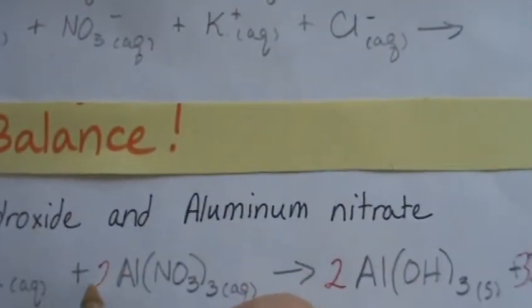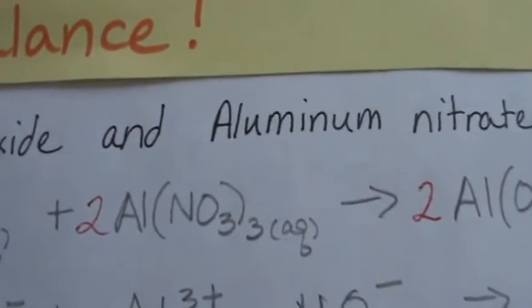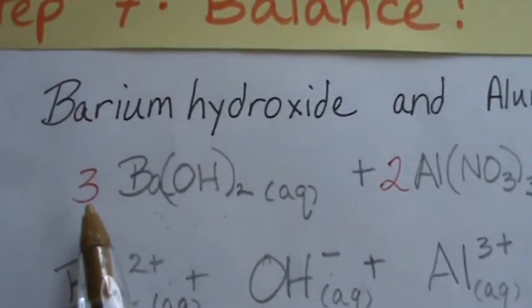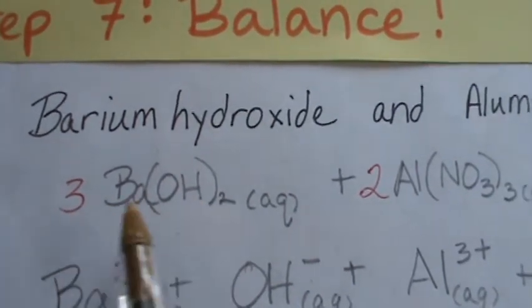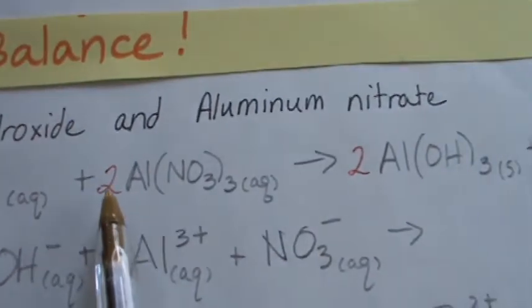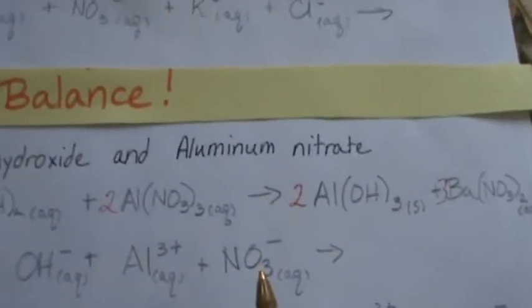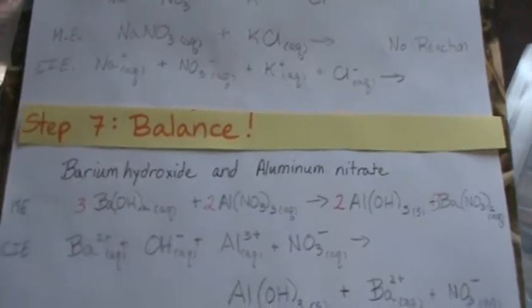So I have to place a 2 here. And now I'm going to check my spectator ions, and I see that I have 2 times 3 or 6 nitrates, and 3 times 2 gives me 6 nitrates. So now I can see that my molecular equation is balanced.